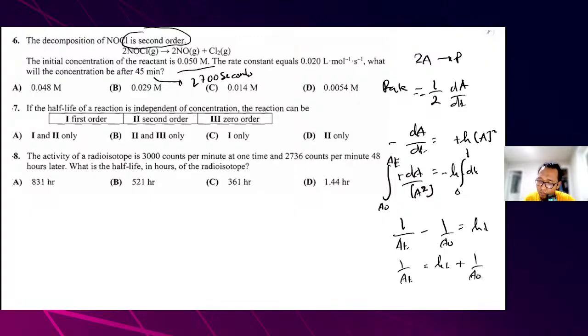now we just plug in over here. Okay, at, because we want to know at, right? k is 0.020 liter per mole second, and then t is 2700 seconds.